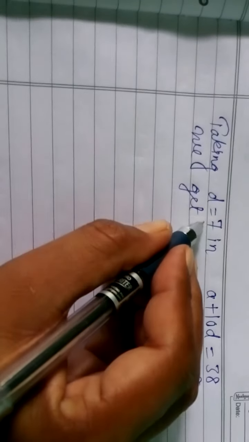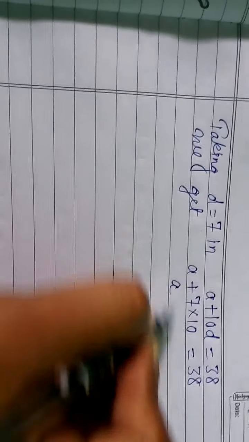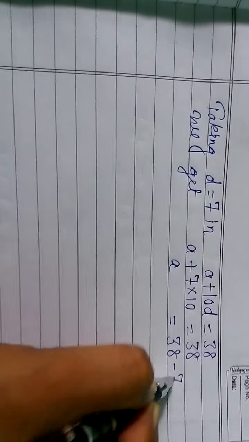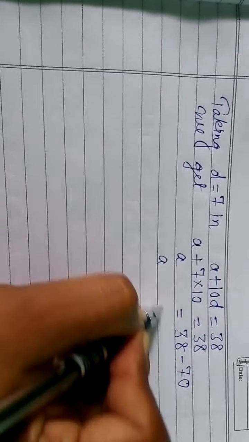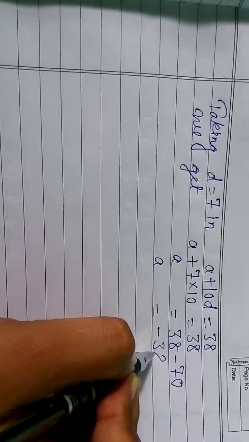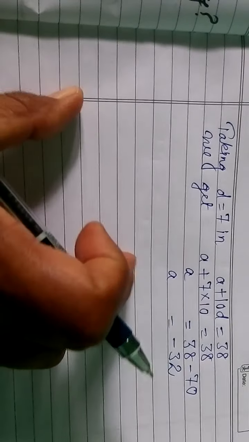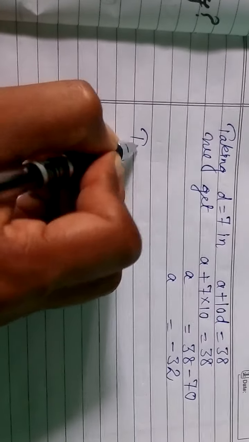So A will be equal to 38 minus 70, which will further be equal to minus 32. So I got both the values, A as well as D, so I can easily find the term T31 now.